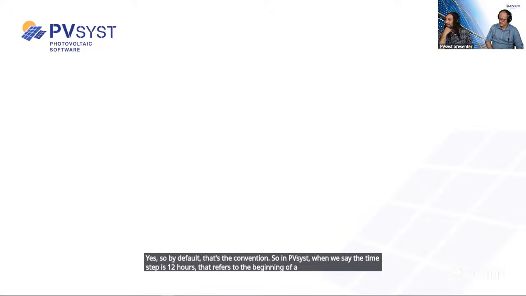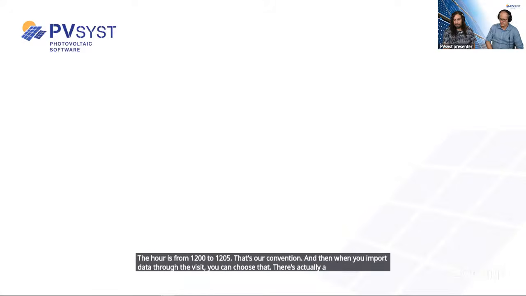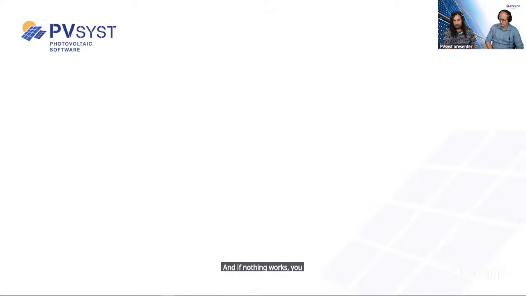So if you are in 5-minute data, your 12 hour is from 12:00 to 12:05. That's our convention. And then when you import data through the wizard, you can choose that. There's actually a setting, and you can choose if your actual CSV file has the same reference or if it uses a different reference, for example, the end of a time interval. And if nothing works, you can also finely tune your import with a time shift.